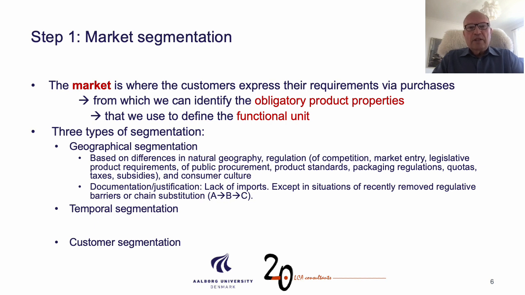Another situation is when you have a chain where market A supplies market B that then supplies market C, and you would not identify any imports from market A to market C, which in the end, of course, still means that we have only one market for A, B, and C.